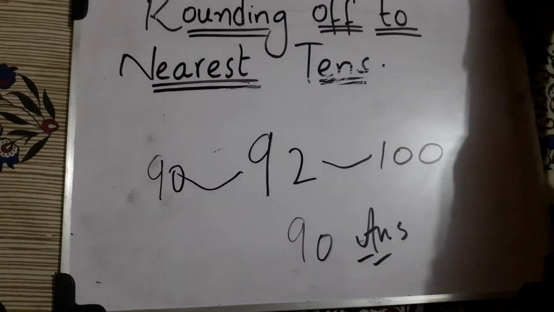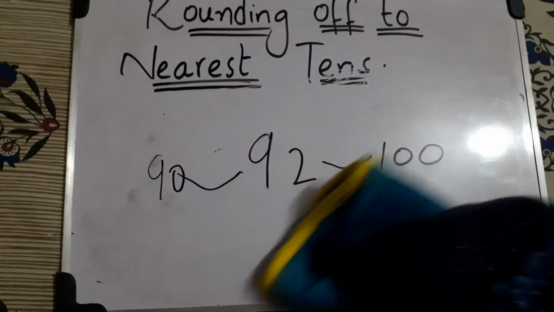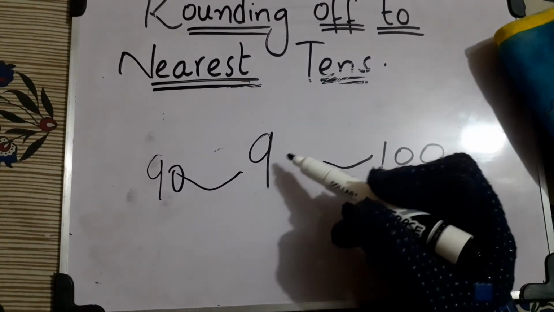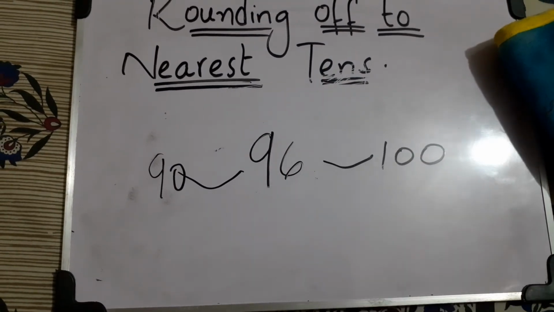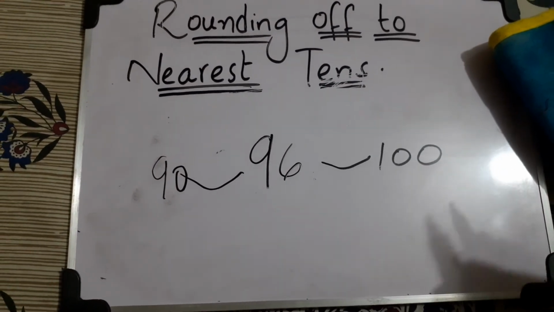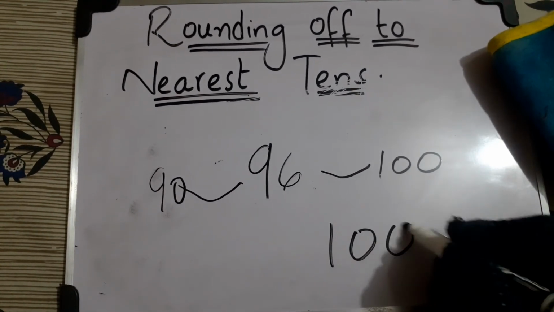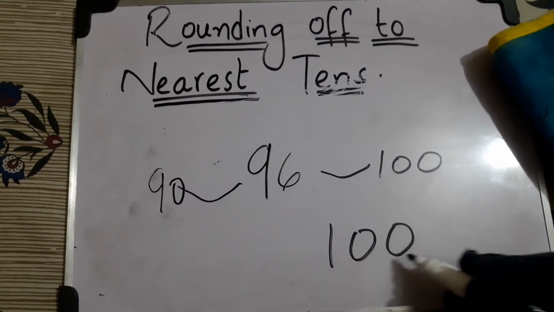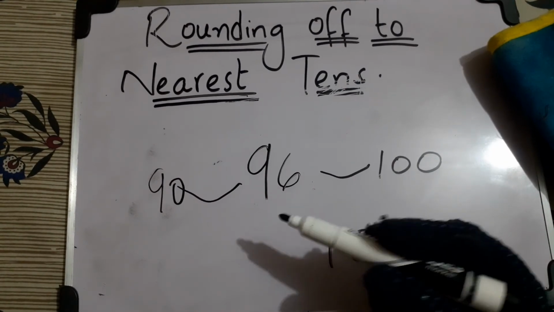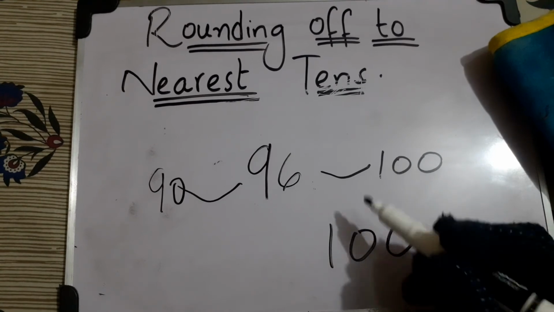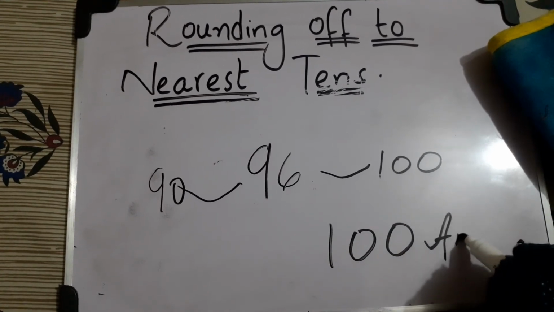But in case you have the number 96, 6 is bigger than 5, so the round off goes on 100. It's not a tens number, but obviously after 90 we have no tens number, it is 100, so it will go on 100.